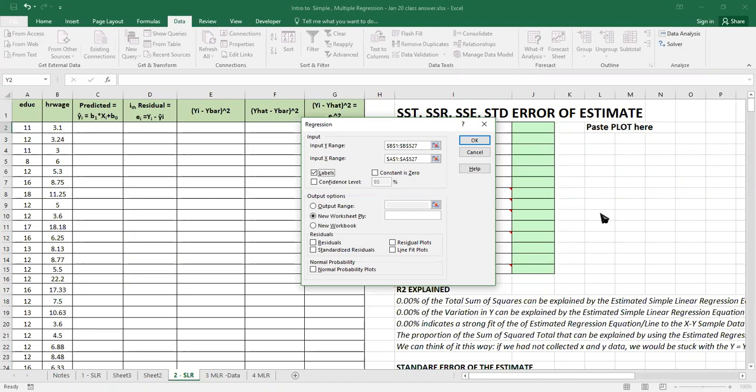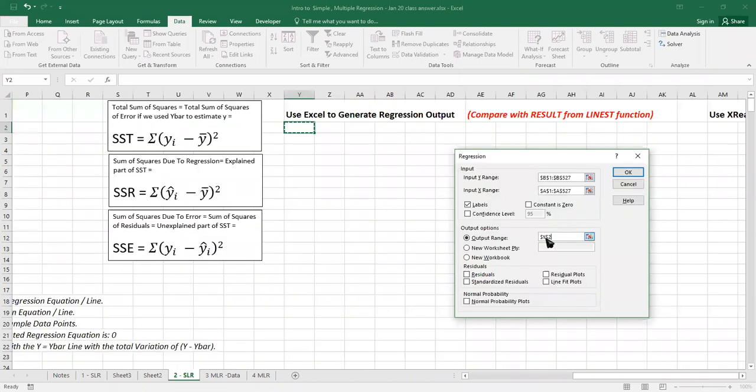Dito na lang natin ilagay dito. Here. Okay, at Y2. And then may iba pang hinihingi dito, no? Residuals, residual plots. Okay, so pwede natin yan. Residuals, residual plots, and normal probability plots. Okay. That is standardized residuals. Ito lang muna yung tatlong to.